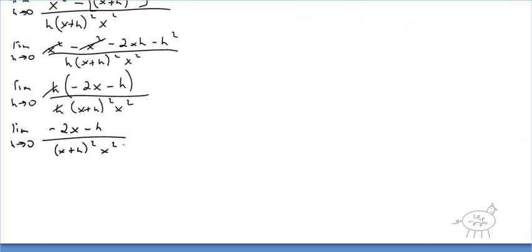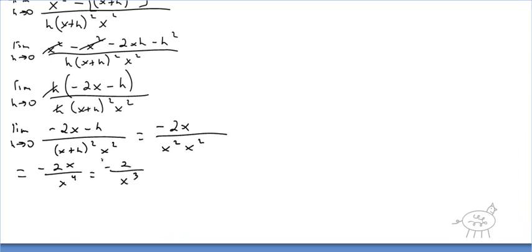Now, do you guys agree? When h goes to 0, I just put a 0 in there, so I don't have to write limit anymore, negative 2x all over x plus 0 squared, or x squared, and then another x squared. So that gives me negative 2x over x to the fourth, which is negative 2 over x cubed. And that is f prime of x.